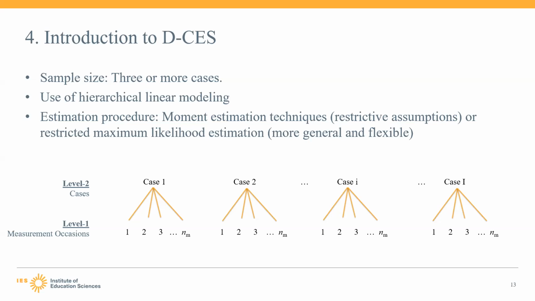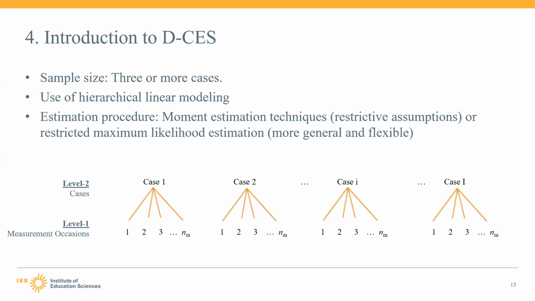In practice, the most basic version of the design comparable effect size estimation methods requires that the study includes at least 3 individual cases. Studies with more cases are ideal for increasing the precision of the effect size estimates and for calculating effect sizes based on more complex models.